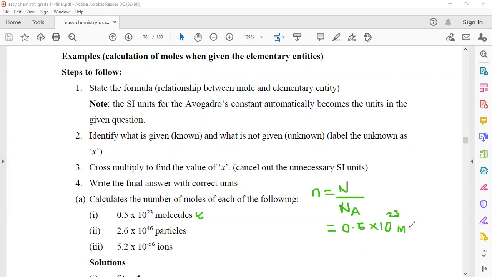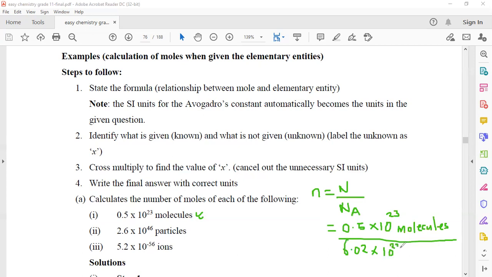So we have been given molecules. Divided by the Avogadro's constant, which is 6.02 times 10 to the power 23.